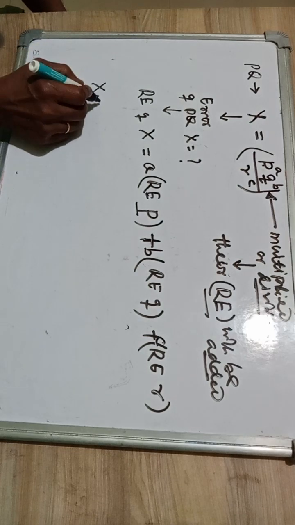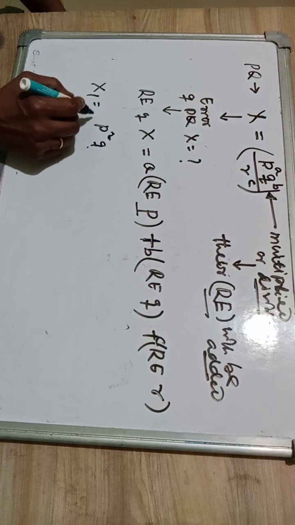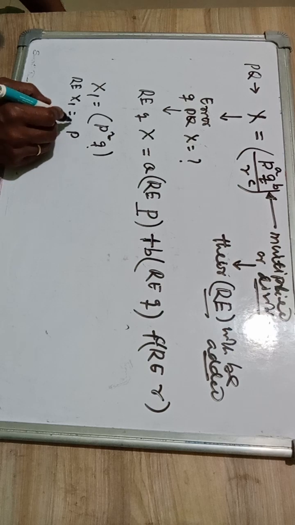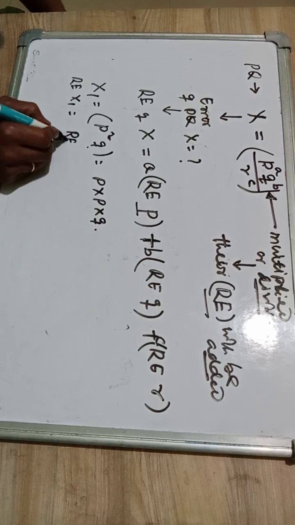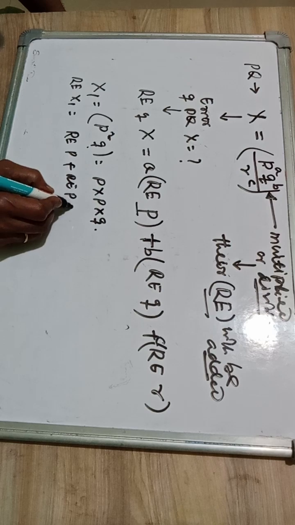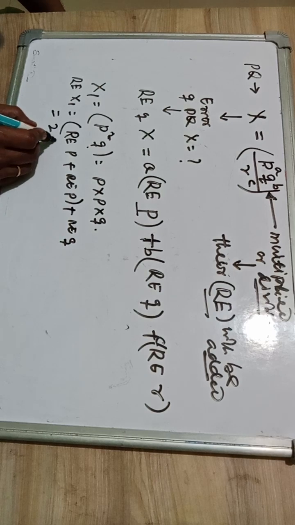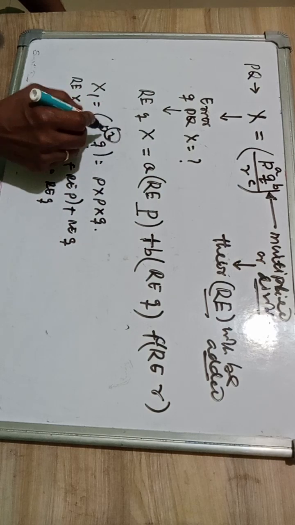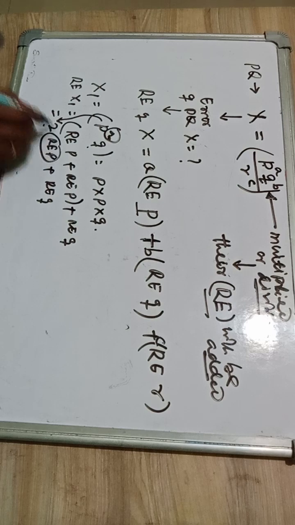Suppose, for example, X1 is P square Q. Then relative error of X1 is equal to relative error of P into P into Q. That means relative error of P plus relative error of P plus relative error of Q. That means P contributed twice, or twice relative error of P and relative error of Q. That means this power tells how many times P is contributing error.